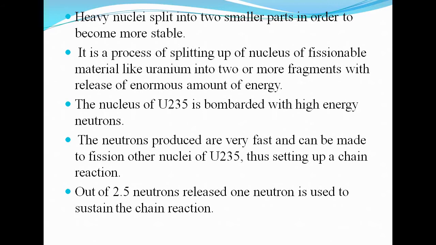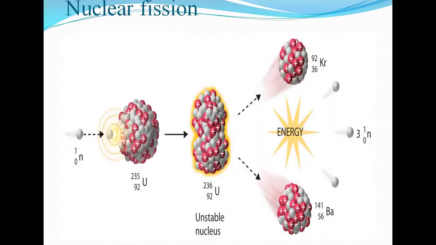Here a heavy nucleus splits into two smaller parts in order to become more stable. It is a process of splitting up the nucleus of fissionable material like uranium into two or more fragments with release of enormous amount of energy. The nucleus of uranium 235 is bombarded with high energy neutrons. So here you can see neutrons are bombarded on uranium.